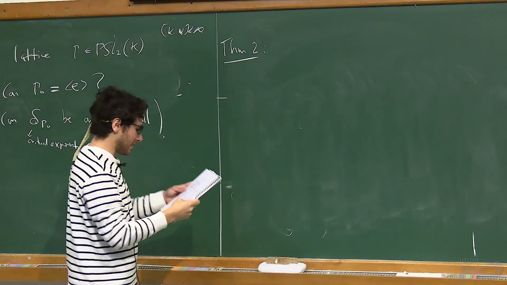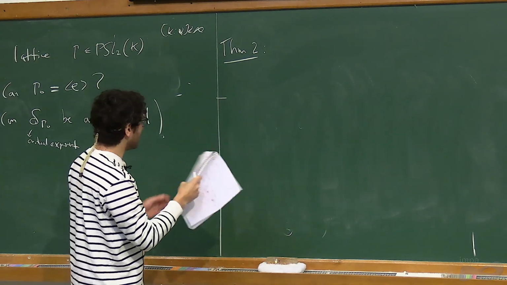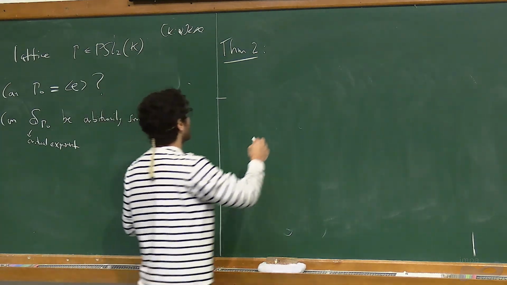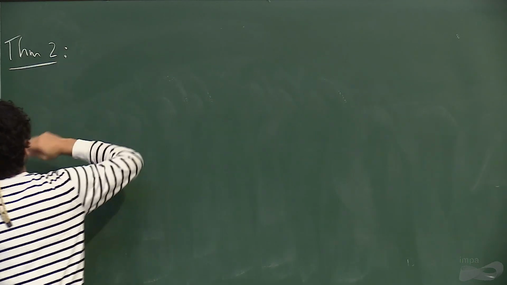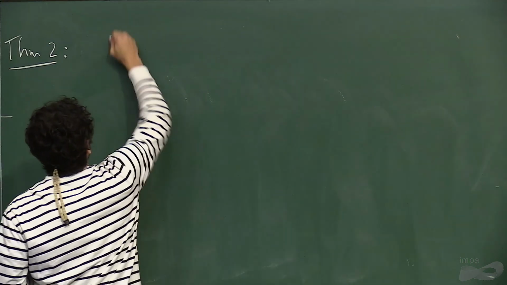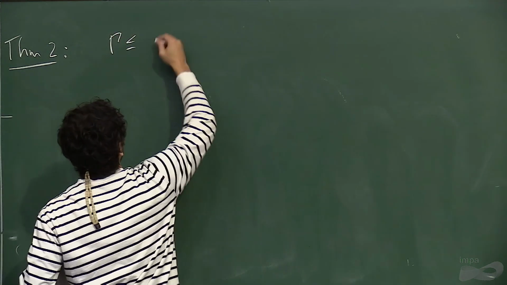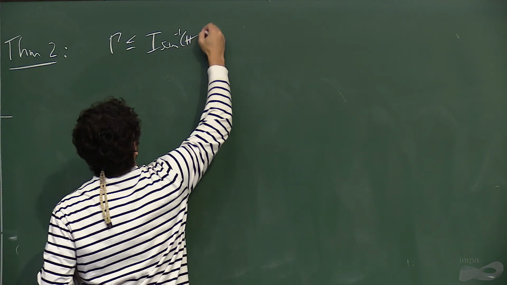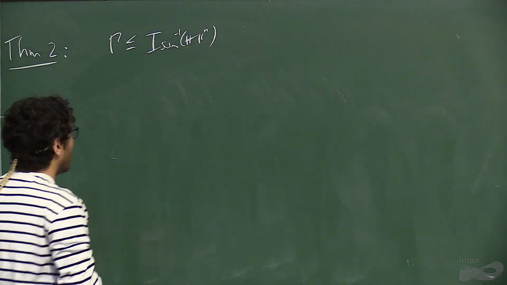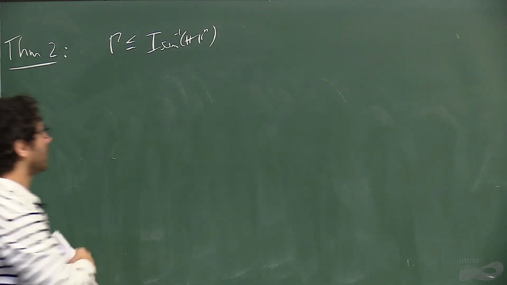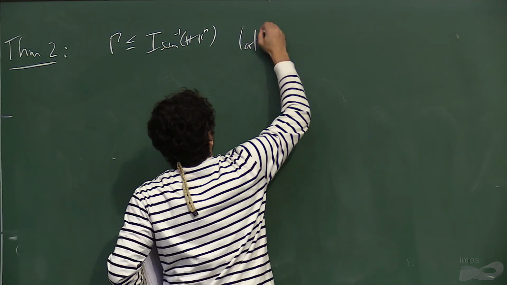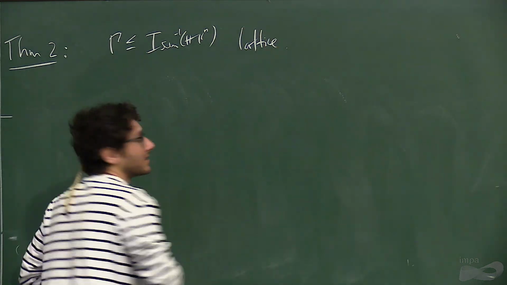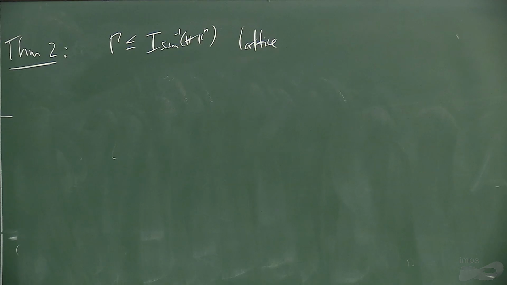It says that, suppose I have gamma, a lattice in isometries of H^n, and you would like to know when this group has algebraic entries.